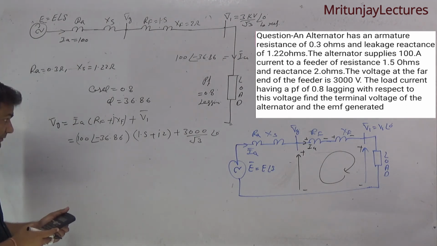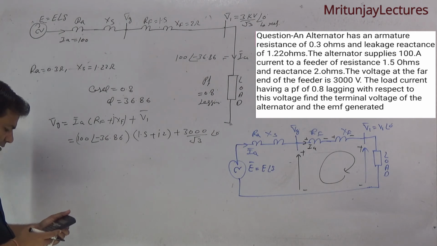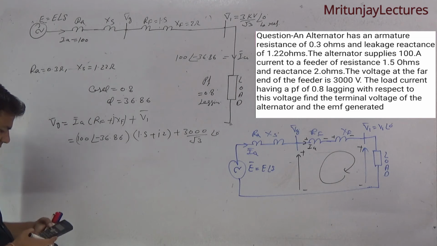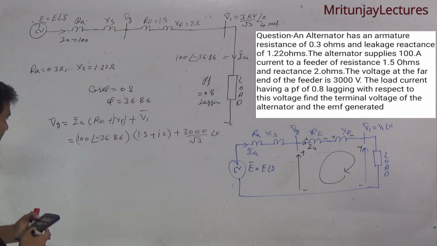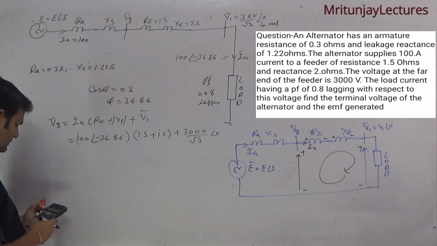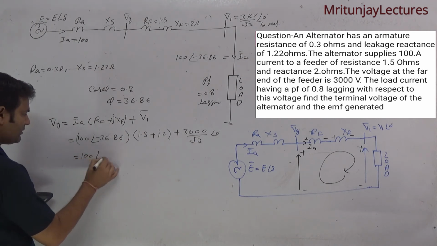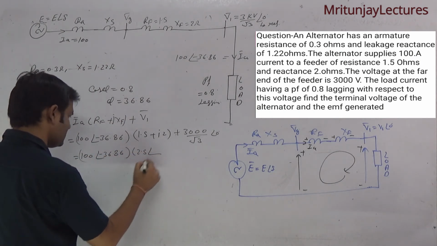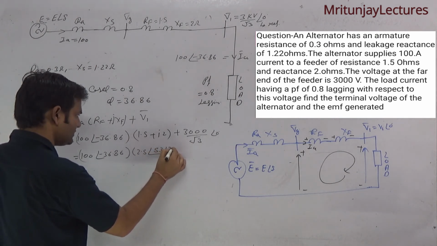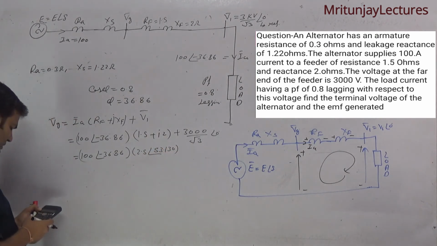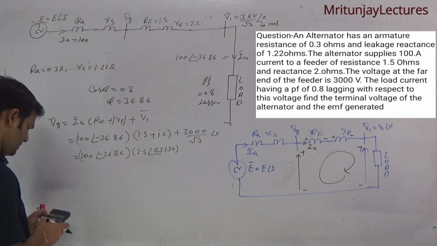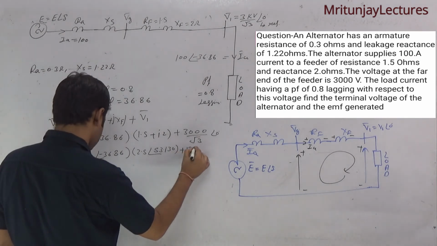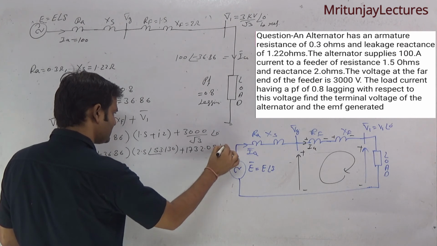Now 1.5 plus J2 is converted into 2.5 at the angle 53.130. Plus 3000 divided by root 3, that is 1732.05 at the angle 0.